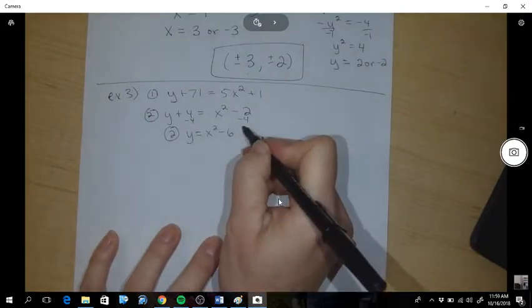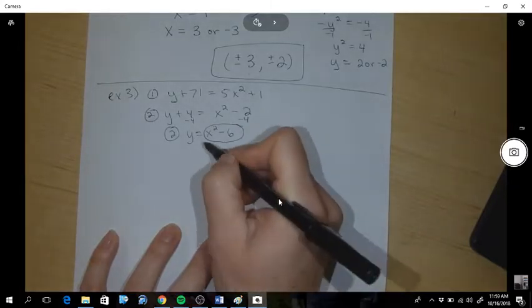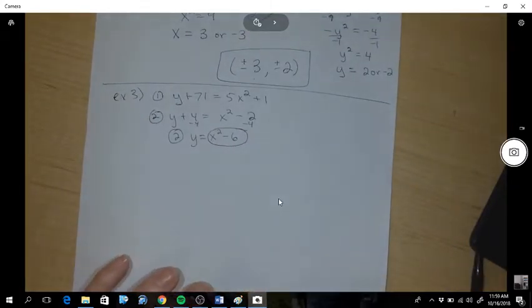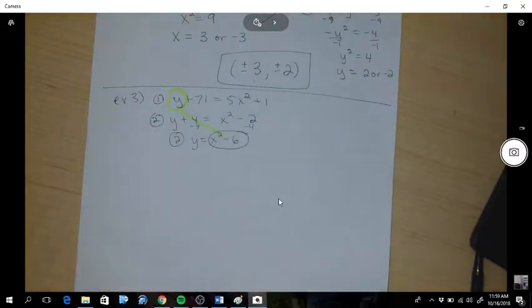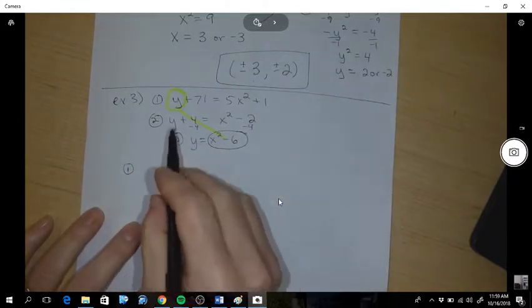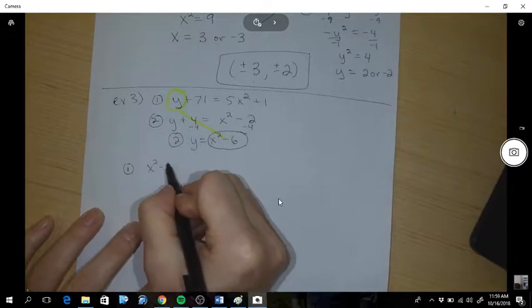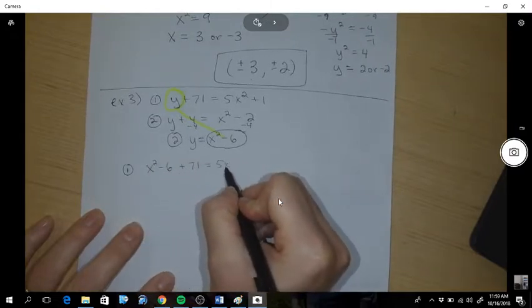Okay, now we're going to take this, which is equivalent to y, and you're going to substitute that in for the y in the other equation. So equation 1, instead of y, I'm going to write x squared minus 6 plus 71 equals 5x squared plus 1.